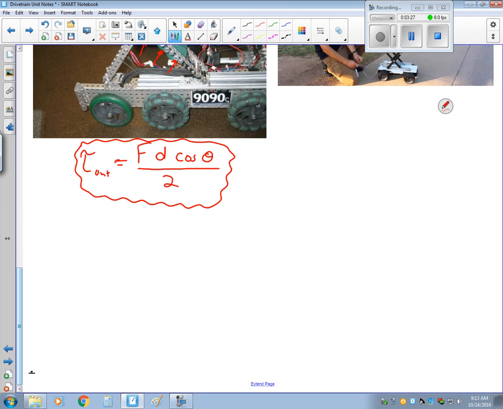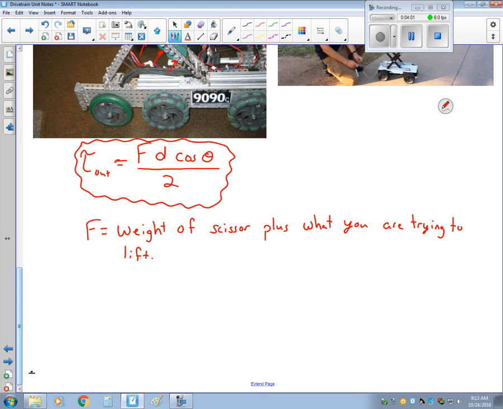So there's a lot of things here. The force here would equal the weight of the scissor plus whatever you're trying to lift. So really, F is just everything. It's just the mass or the weight of everything.